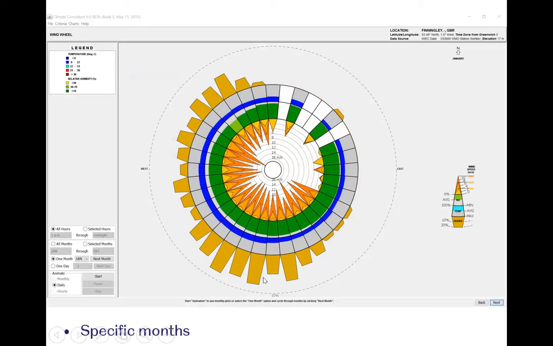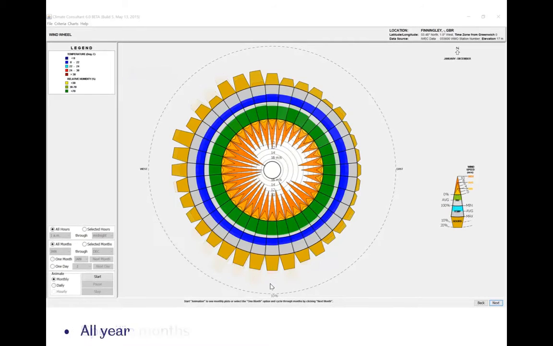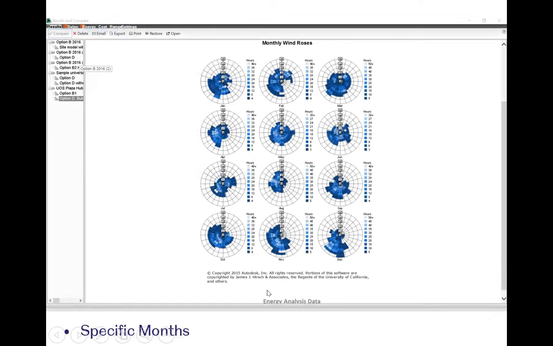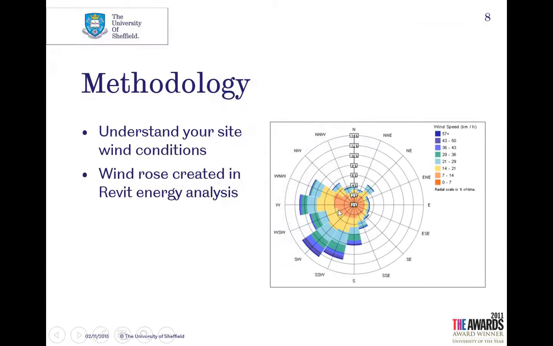Okay, so if we just have a little look at, I'll go back to the Revit windrose, just to understand the windrose a little bit more. So in this particular windrose, the colours relate to the wind speed. The length of the bar relates to the percentage of the year where you experience those wind speeds. And the direction is the direction that the wind comes from.